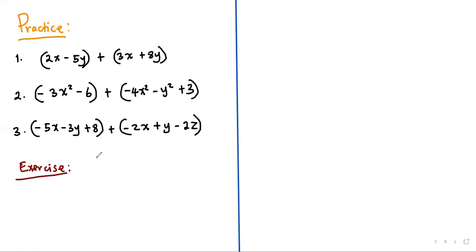You will do exercise 3B. It is on page 127 to 128.